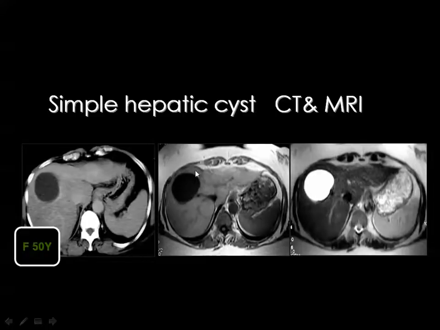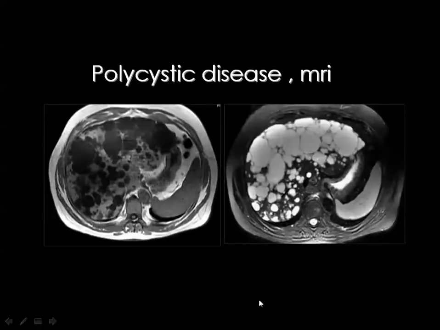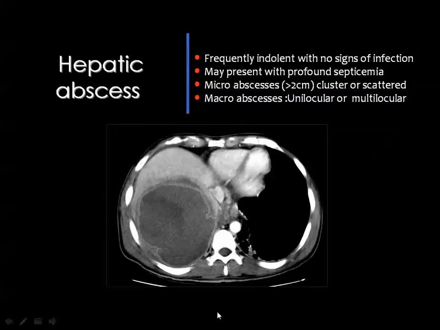The cyst will show low signal fluid content in the T1 and high signal in the T2, and there should not be any enhancement or mural nodules, as I have said. This is the polycystic disease by MRI, and you see many variable sized low signal lesions in the T1 and high signal lesions in the T2, diagnostic of polycystic disease of the liver.